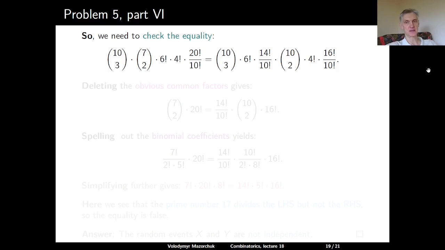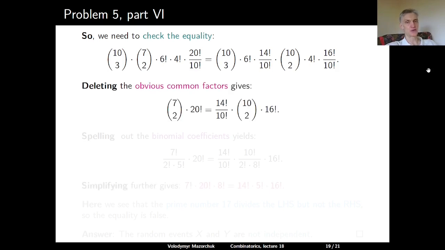The right-hand side is the cardinality of X times the cardinality of Y. This is 10 choose 3 times 6 factorial times 14 factorial divided by 10 factorial times 10 choose 2 times 4 factorial times 16 factorial divided by 10 factorial.